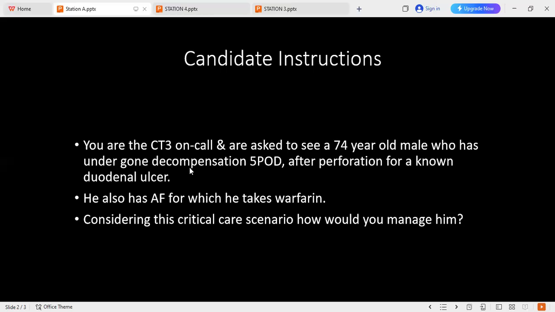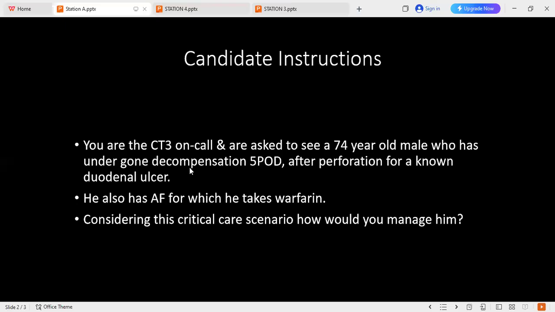One thing you'll do is cardiac monitoring and give him bicarbonate to correct the metabolic acidosis. For hyperkalemia, you can even give calcium gluconate or calcium chloride.